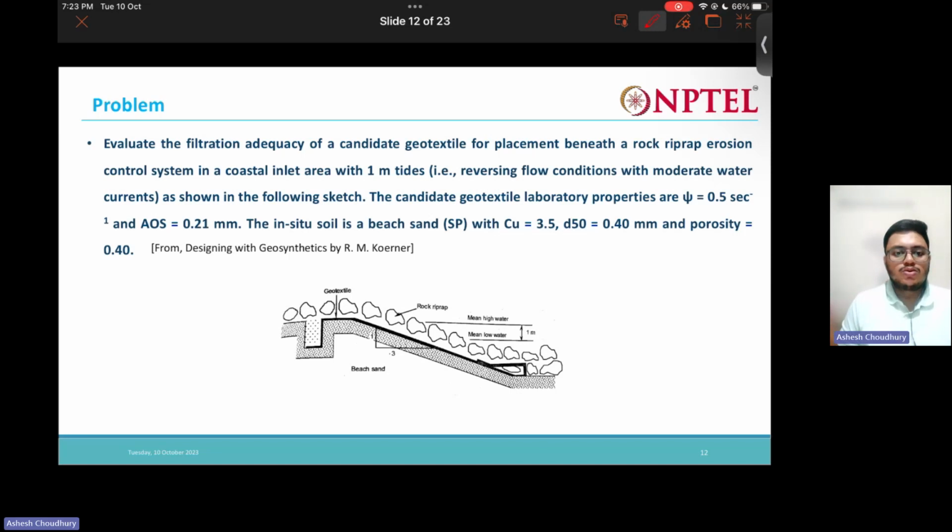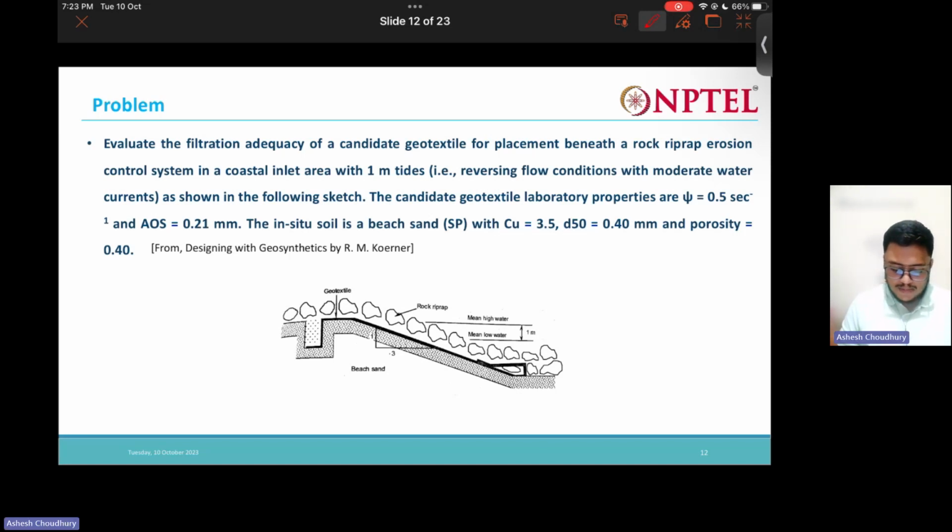So we need to evaluate the filtration adequacy of a candidate geotextile. First of all, you can see here that we have a geotextile that is dark black. This bold black that you see here is the geotextile. The geotextile is placed, and over the geotextile we have the riprap.